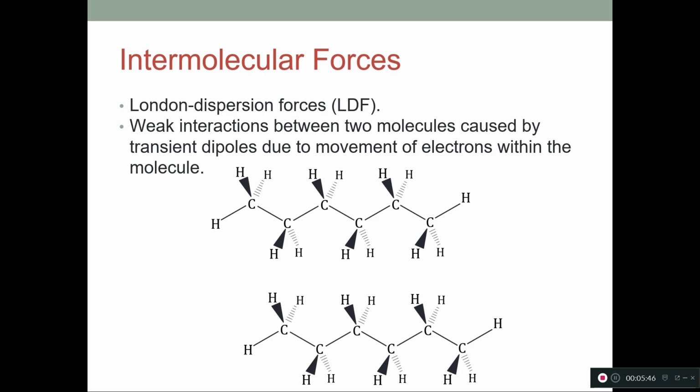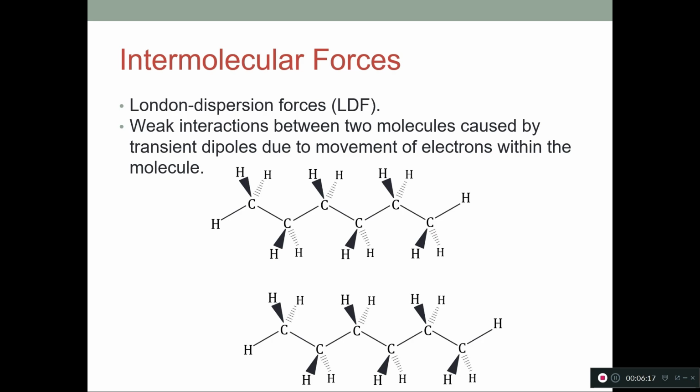So these are weak interactions between two molecules caused by these transient dipoles that occur due to the movement of electrons within the molecule. In reality, the electrons are quantum mechanical, but for a survey class like this, we could think about just the fact that the electron is moving around between the two atoms in a bond, and it's going to spend more time next to ones that are more electronegative.